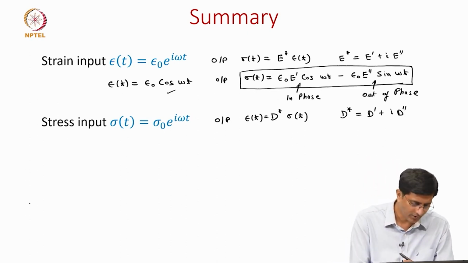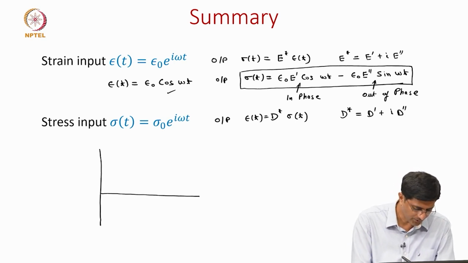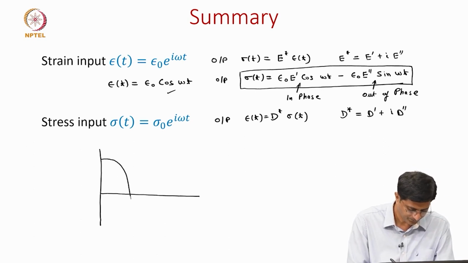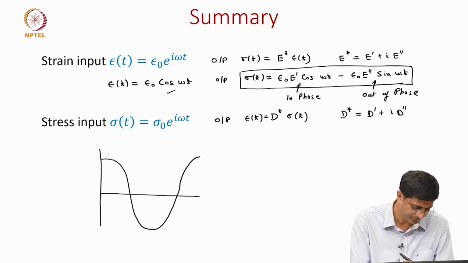So, the way we plot it is, let us say the input is the cos function, epsilon naught times cos omega t.